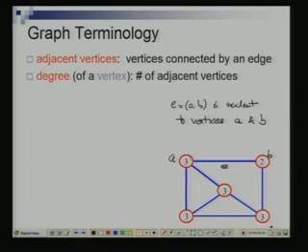Similarly, this edge is incident to this vertex as well as this vertex. So, the degree of a vertex can also be defined as the number of edges which are incident to that vertex, right. There are 3 edges which are incident to this vertex. So, the degree of this vertex is 3. These are equivalent ways of saying the same thing.